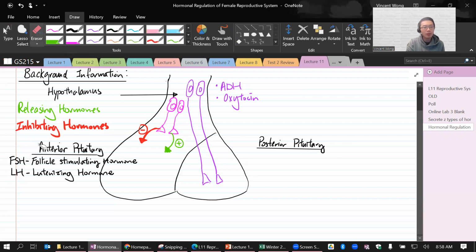Now we won't be learning about the inhibiting hormones. We're just going to focus on the releasing hormone. An example of a releasing hormone is GnRH, gonadotropin releasing hormone. We'll write that down later. That is the permission for the anterior pituitary gland to release FSH and LH.